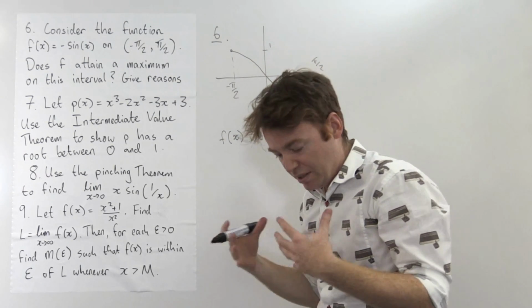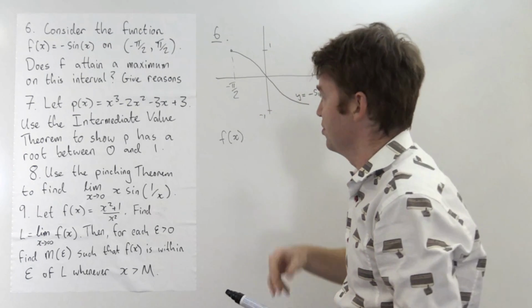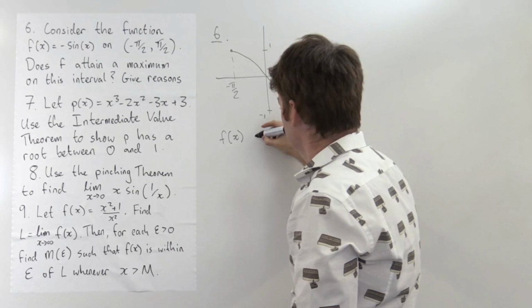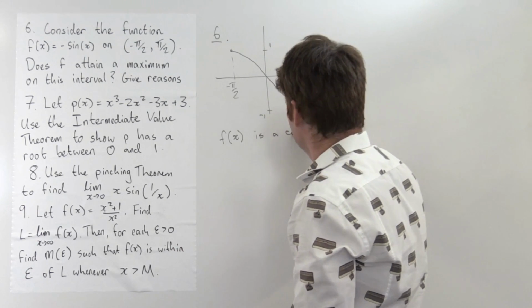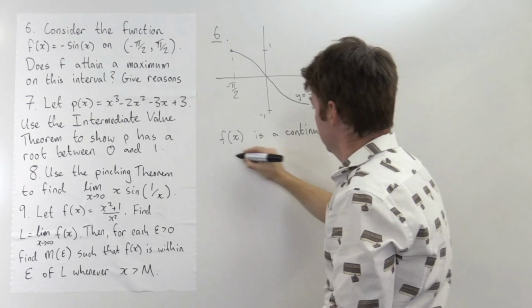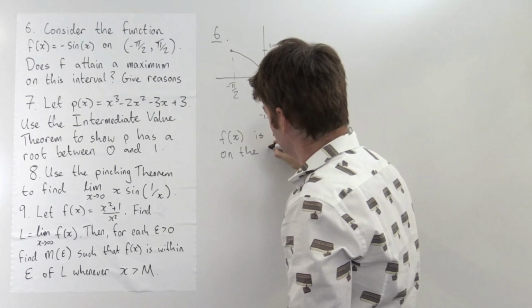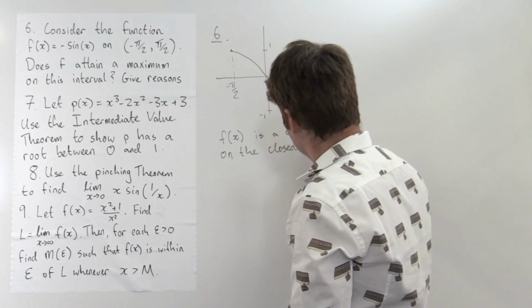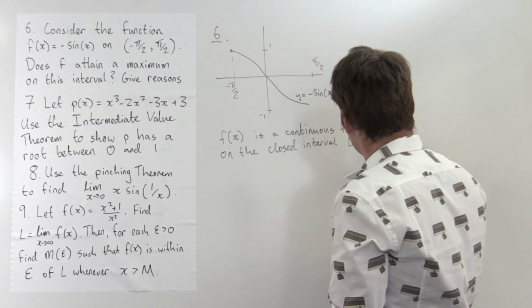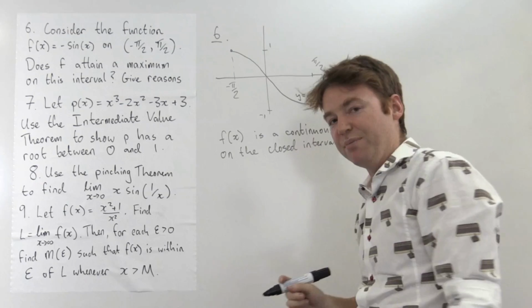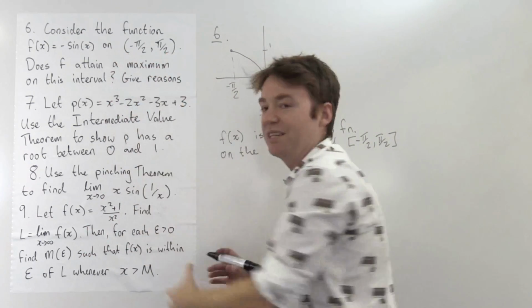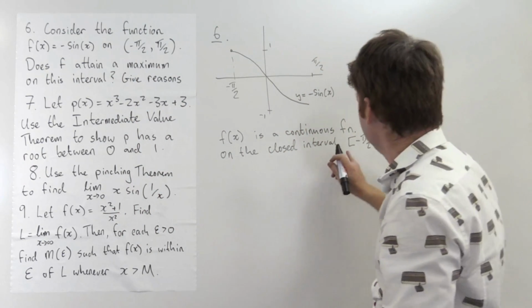To use the kind of theorem associated with this, you need a continuous function on a closed interval. So here I'm being a bit cheeky, and I'm taking the open interval, up there, and closing it by introducing the endpoint.